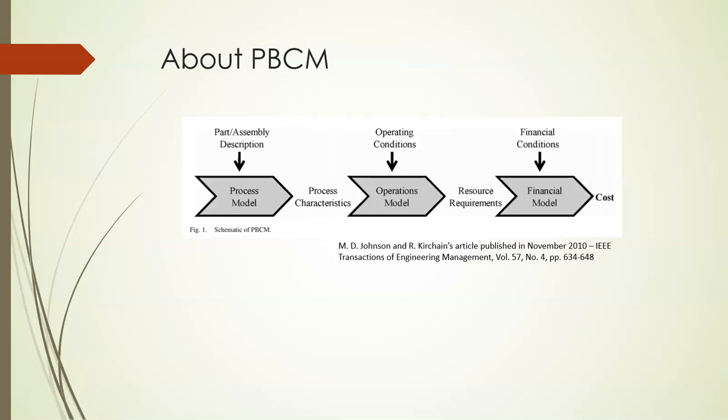Once you know how to describe a process starting from the left, and your process model includes the flowchart and bill of materials, you can move on to the operation model, which describes the resources you need in order to produce the items or provide the service. And at the end, you can build up your financial model based on the price tag of each individual resource needed for this process. All right.